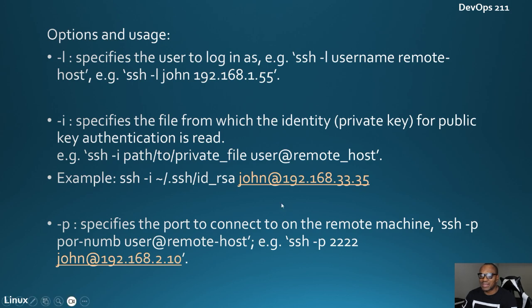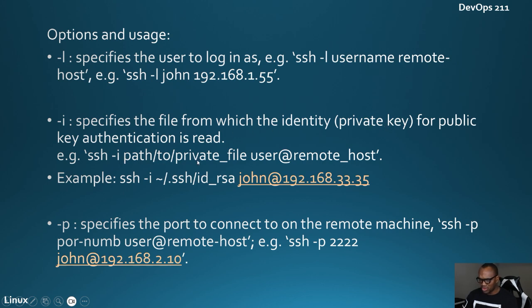If you're using the SSH command, you can use it with some options. You can use it with -l, which is to add a user, and you give the IP address of the remote machine. Then -i, you can use that to specify the file which is the private key.